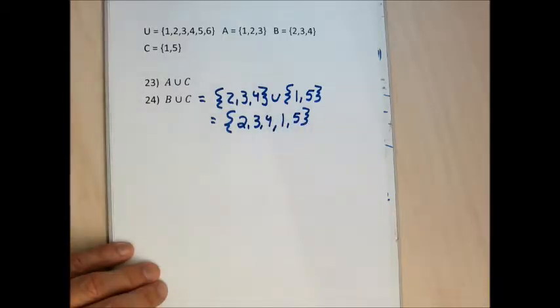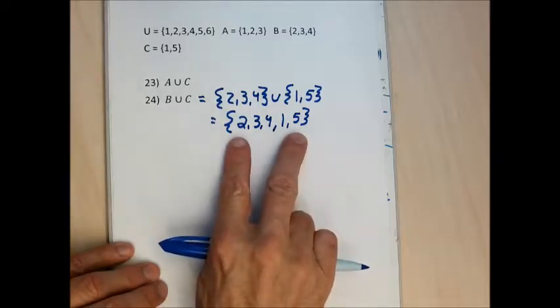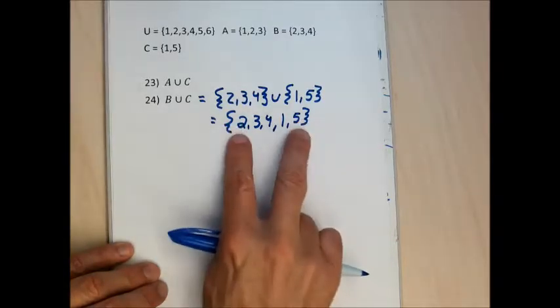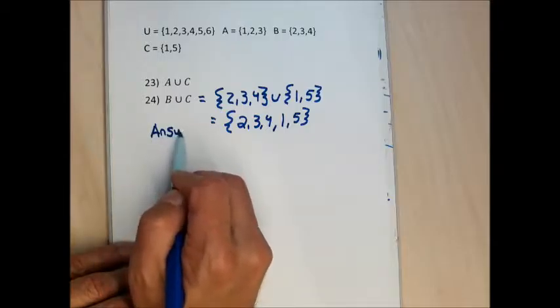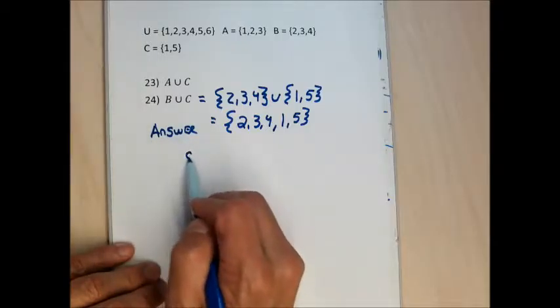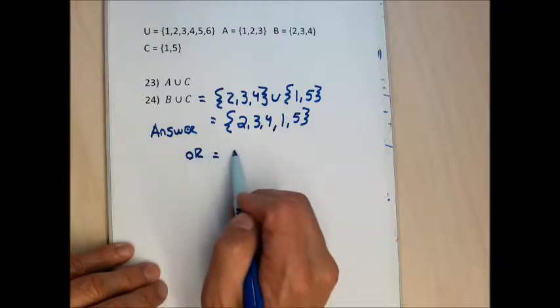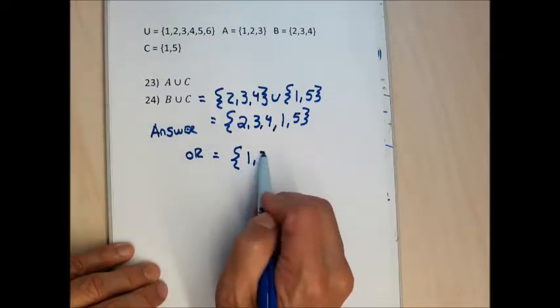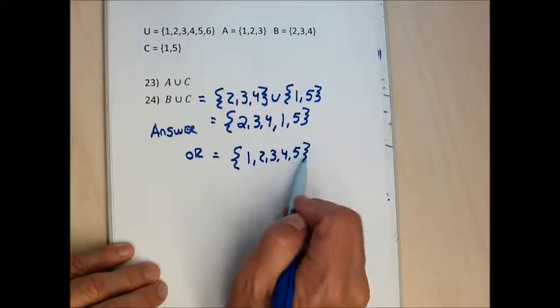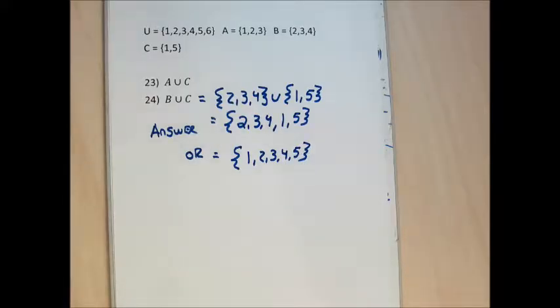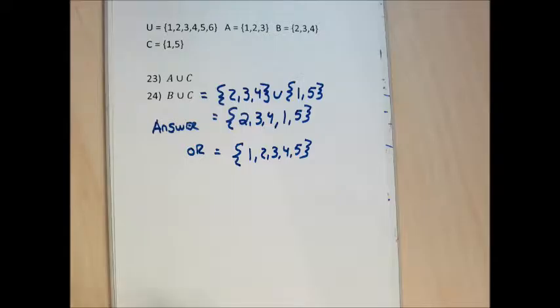Usually there's duplication, but there isn't any duplication here, so there isn't anything to cross out. This is an okay answer for what problem 24 is. Of course, I don't like to have my numbers written in a funky order like that. I probably would take the time, if I was doing problem 24, to write my numbers in ascending order. So your 23 should be real similar.